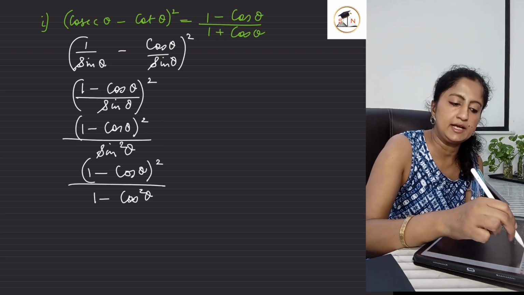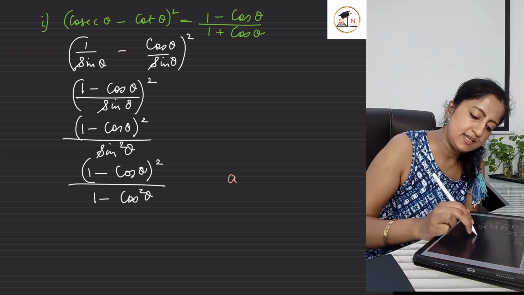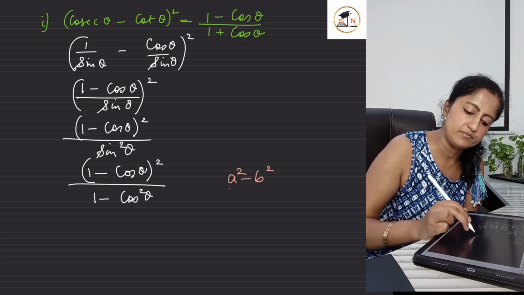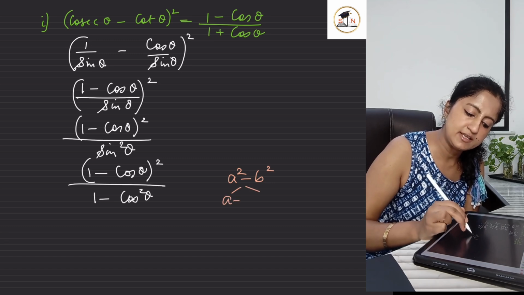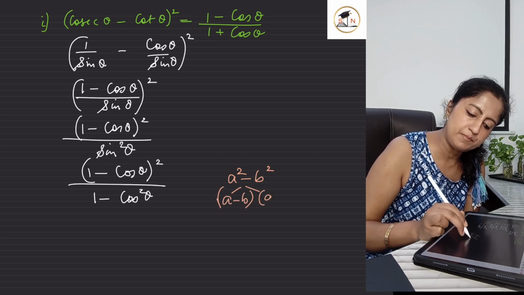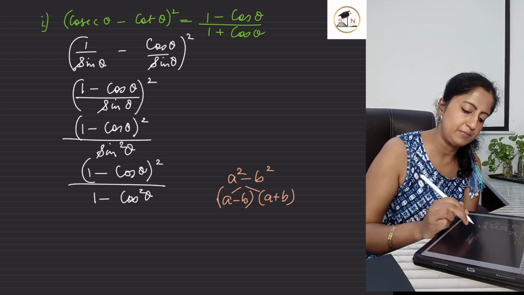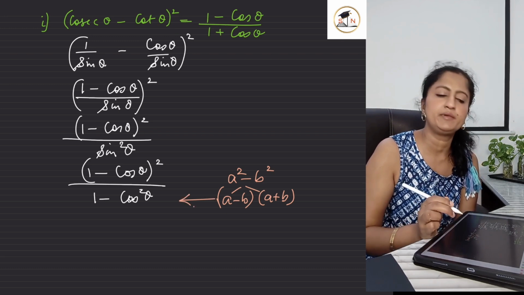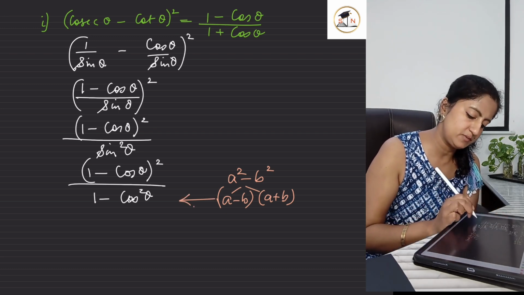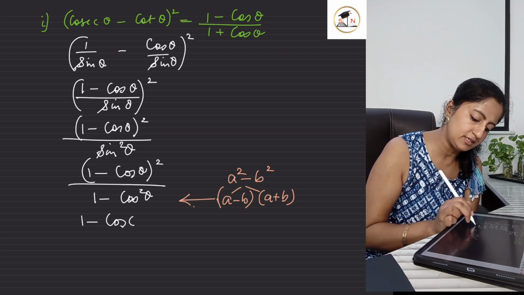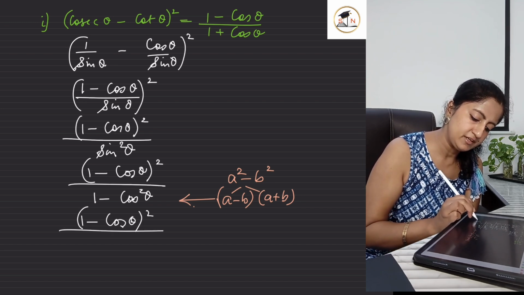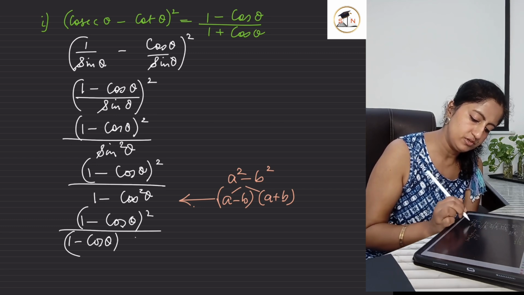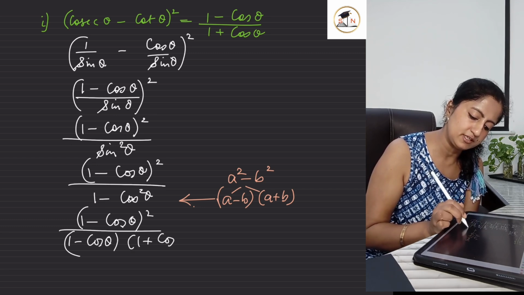Now, 1 minus cos square theta. Remember your algebraic identity now. That is a square minus b square. It has two factors, (a minus b) into (a plus b). So we are going to apply that in the denominator over here. And how does that take place? (1 minus cos theta) whole square divided by (1 minus cos theta) into (1 plus cos theta).